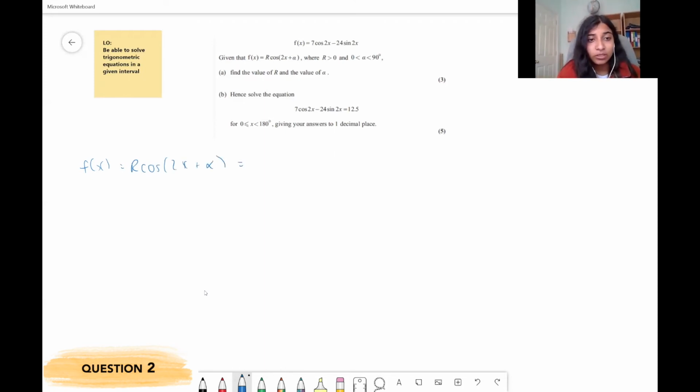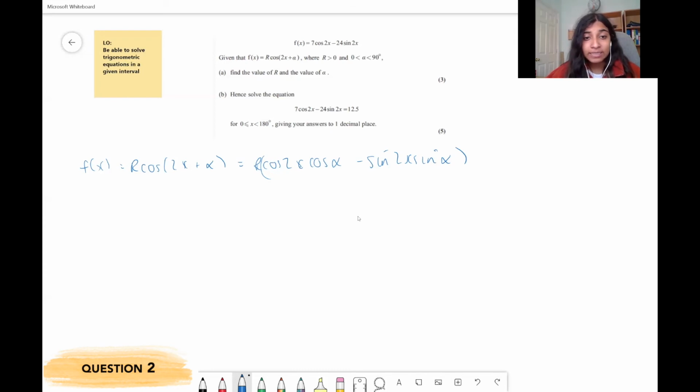That would be equal to R cos 2x cos alpha minus sin 2x sin alpha. And that's just using your addition formulae. So if you've forgotten that, make sure you either look up the formula or go back to that video.